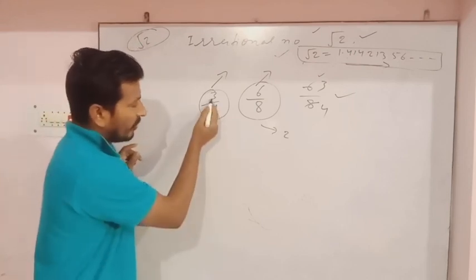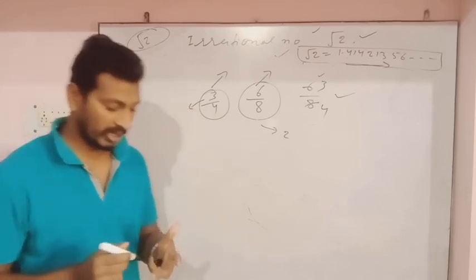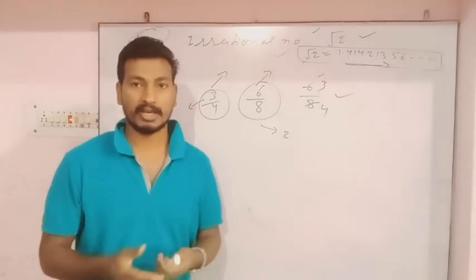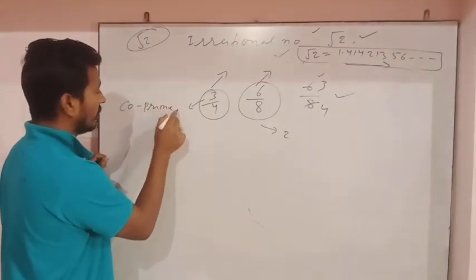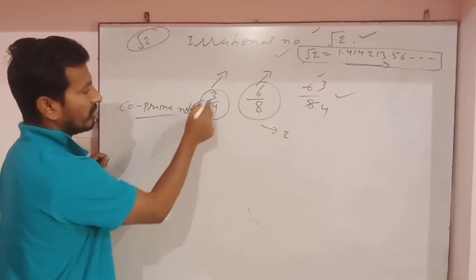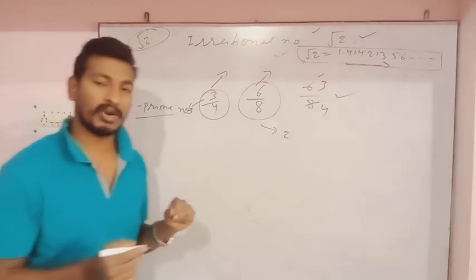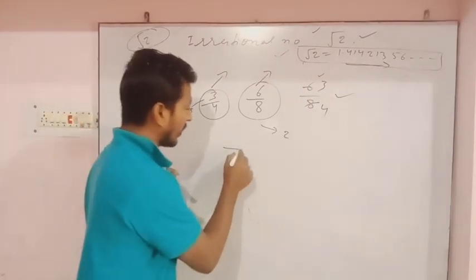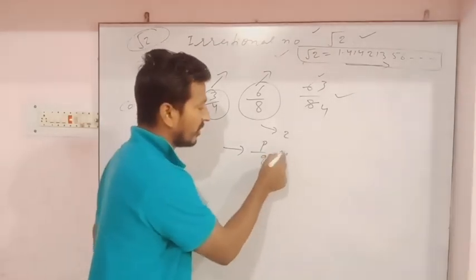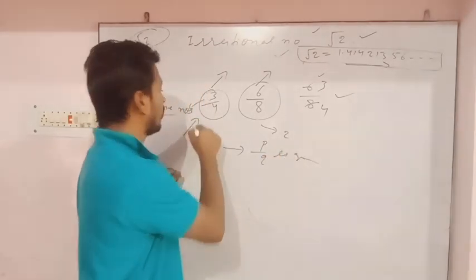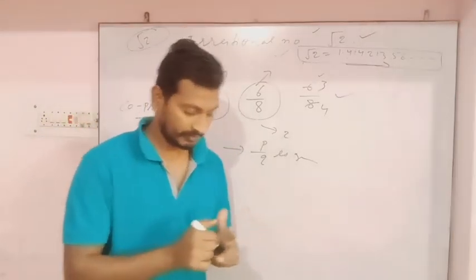Such a rational number where there is no common factor other than 1 is called co-prime numbers. So a number like P by Q is called co-prime, and we assume that a rational number P by Q is given in this form only, that means there is no common factor other than 1.